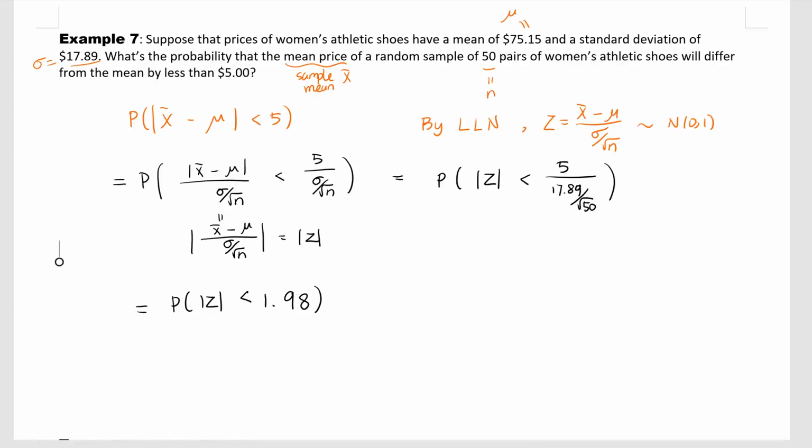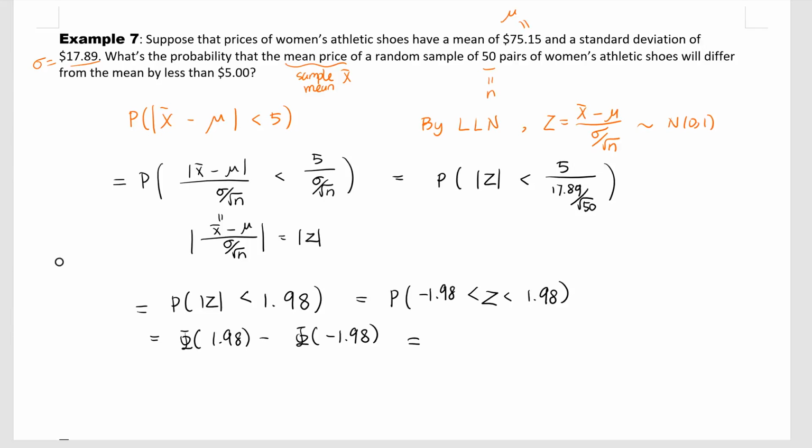What does that mean? It means z is bounded between 1.98 and negative 1.98. So that's the CDF value of 1.98 minus the CDF value of negative 1.98.